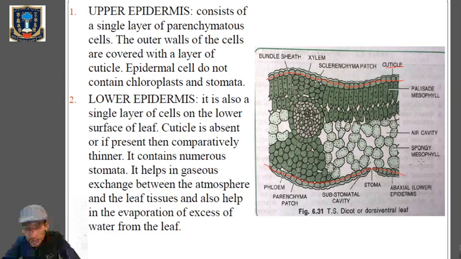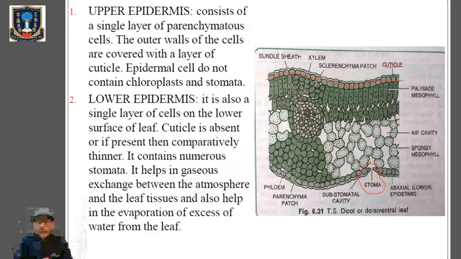So you can see in the figure also that this structure, the small opening, is called the stoma. The plural is stomata. Clear? And each stoma consists of a minute opening that leads into a larger air cavity. Now what is the function of stomata?